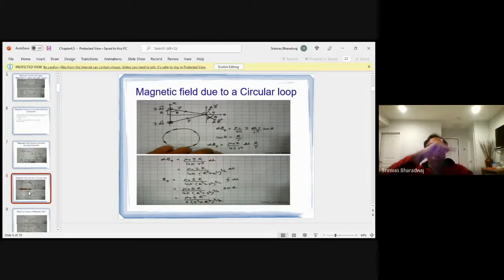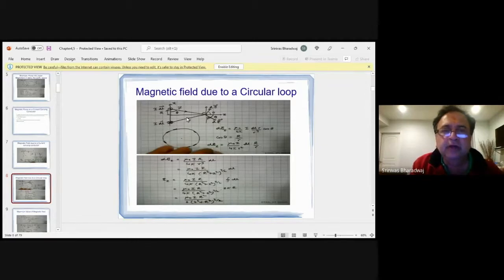Now if you had a circular loop, look at the direction of dl cross r. If the loop is like this, then what is dl cross r at this point?